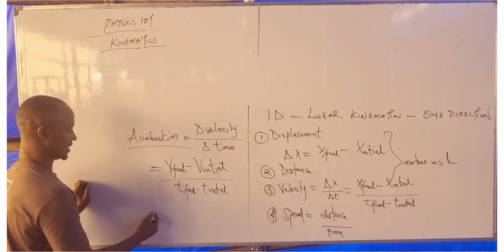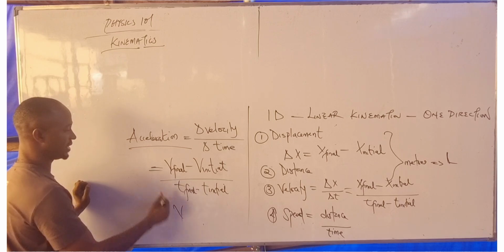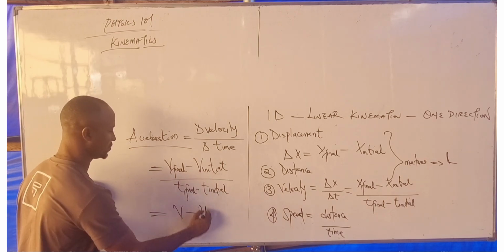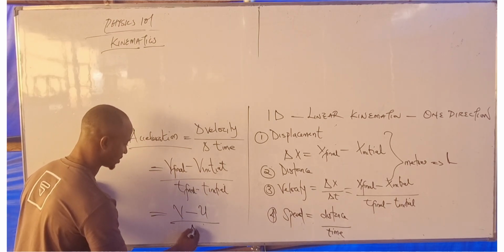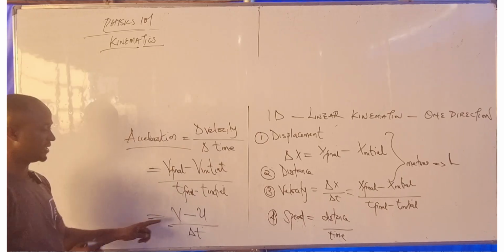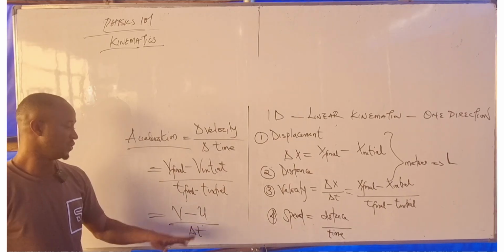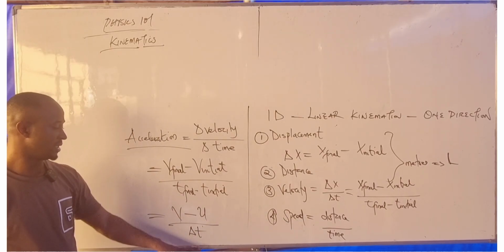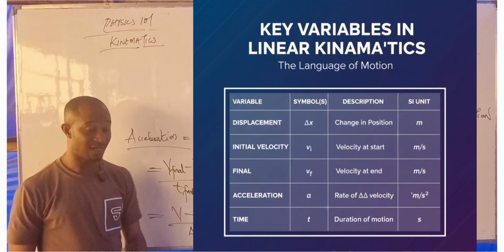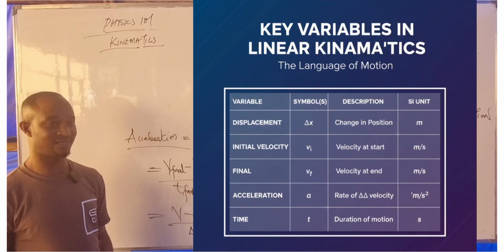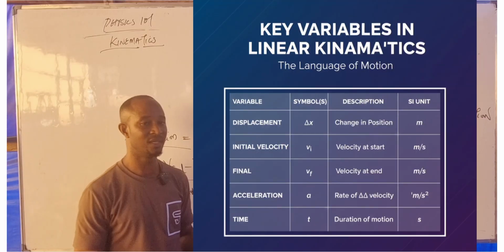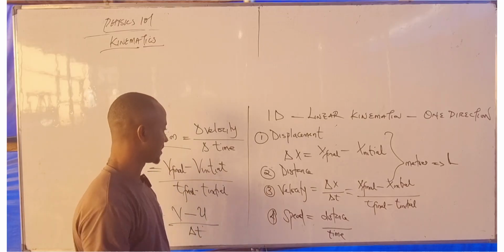In most cases, we use v to represent the final velocity and u to represent the initial velocity, divided by our change in time, which is the difference between the initial time and the final time.